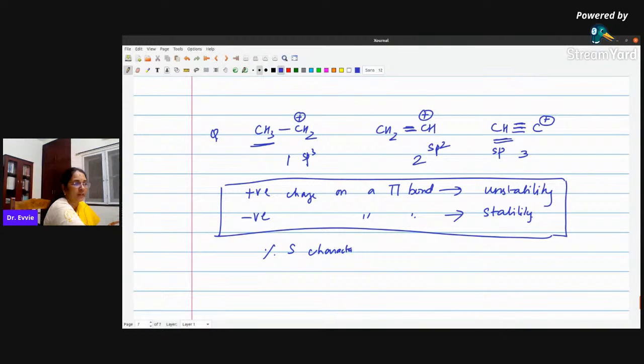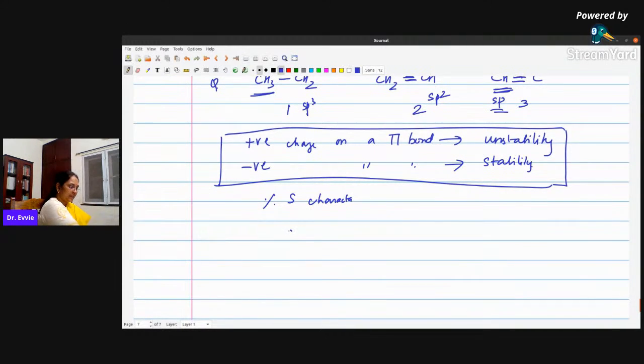You have to check not the ion, like the carbocation, but the next carbon. So it's the sp3, sp2 thing. We know which has the highest S character. This one will have more S character, 50% S character. So you should know the percentage S character. We know from that sp will be higher than sp2, greater than sp3.